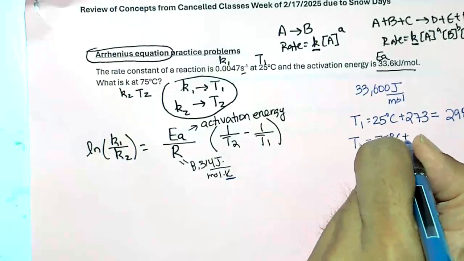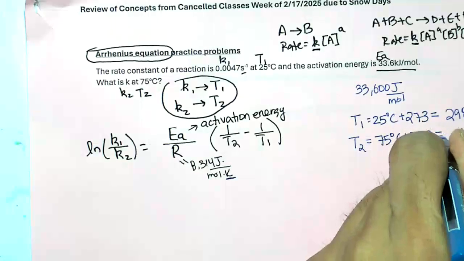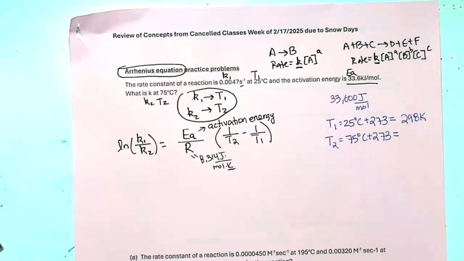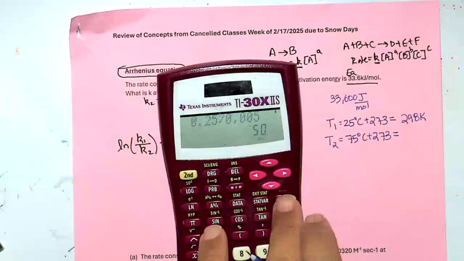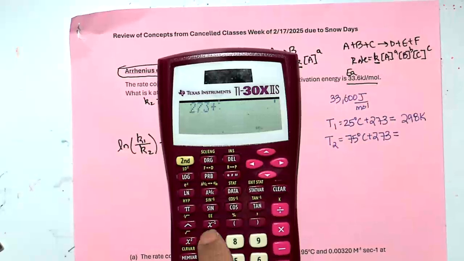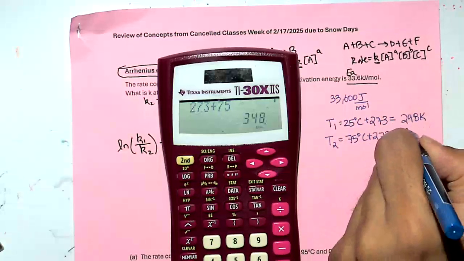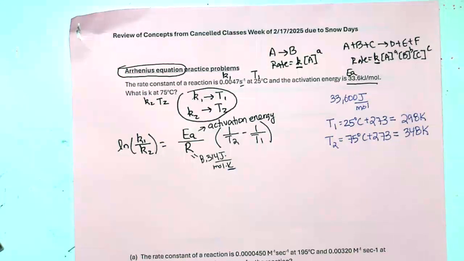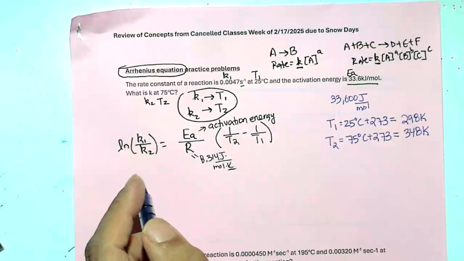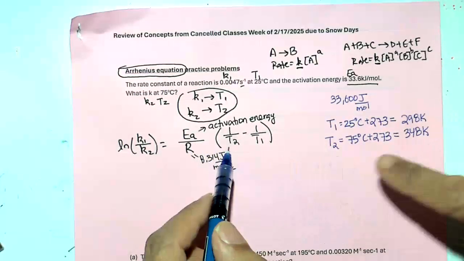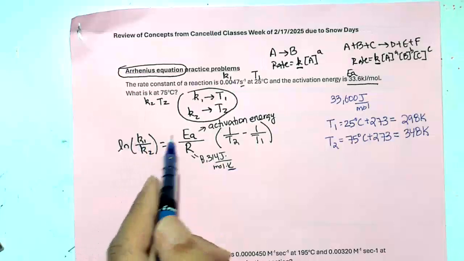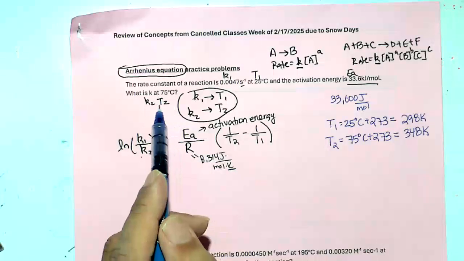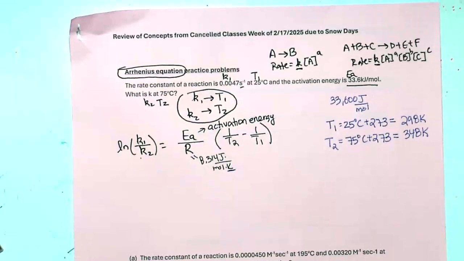What's T2, 75 degrees plus 273? 348 Kelvin. So we have T2, we have T1, we have k1, which is 0.0047, and we have k2, which is what we want to find.